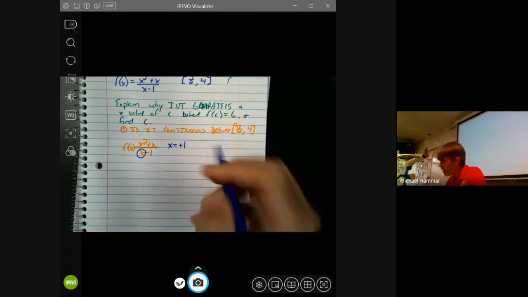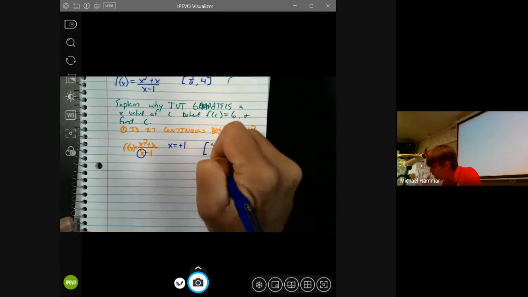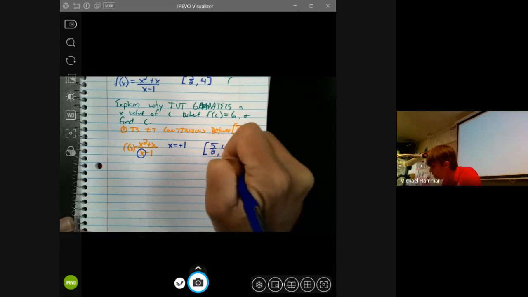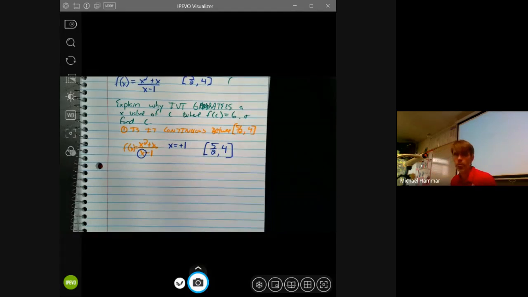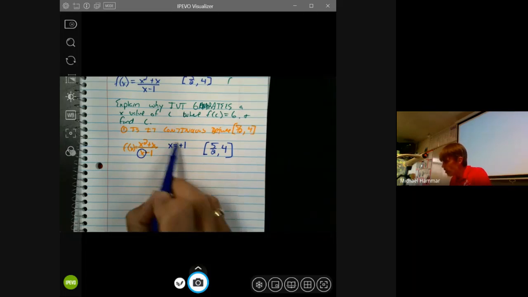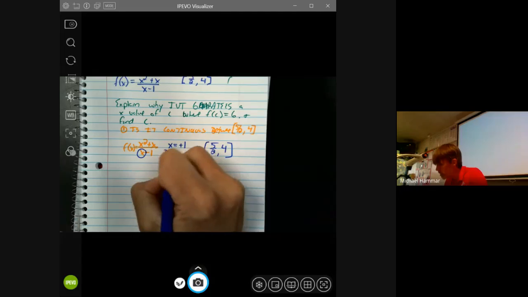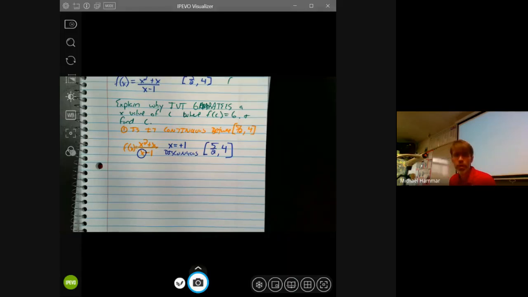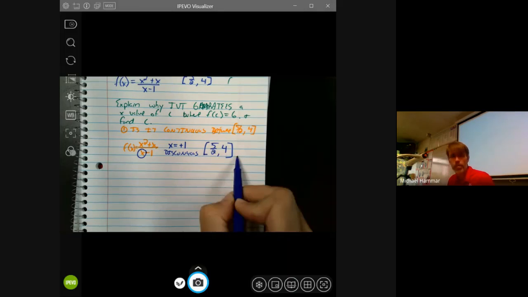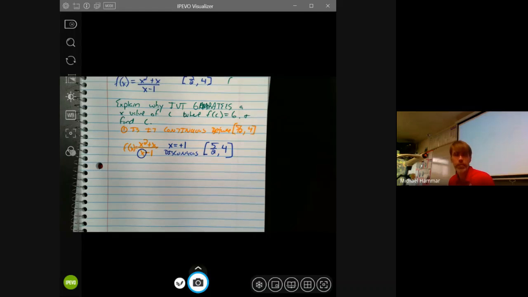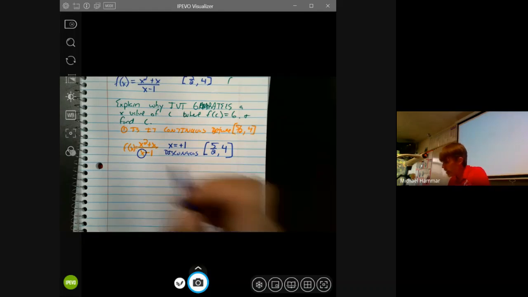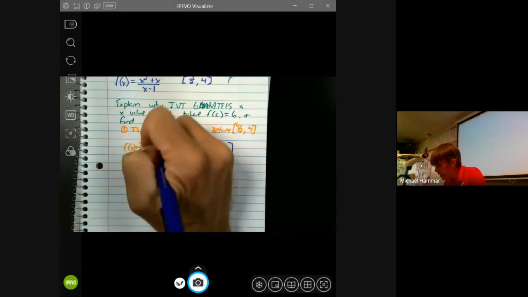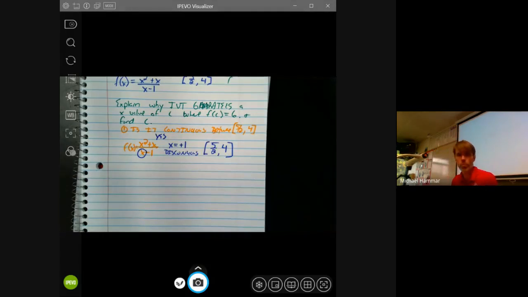Now, our interval is 5 halves and 4. Are we continuous between 5 halves and 4? Well, yeah. We'll be discontinuous at x equals 1, but from 5 halves to 4, it's going to be continuous. So we can check off the first thing. Yes, it is continuous.